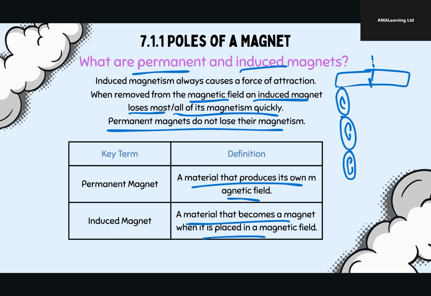So our permanent magnet here turns this paperclip into an induced magnet, turns this one into an induced magnet, this one into an induced magnet. And then I can add another paperclip and it'll turn into an induced magnet until the gravitational pull is bigger than the force of attraction from the magnet. Then the paperclips fall.